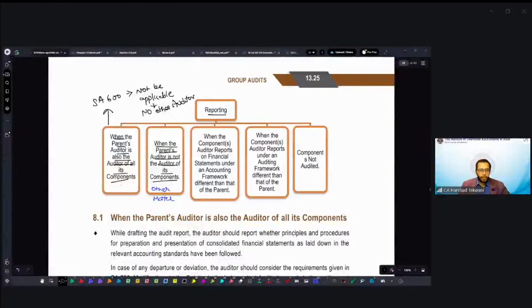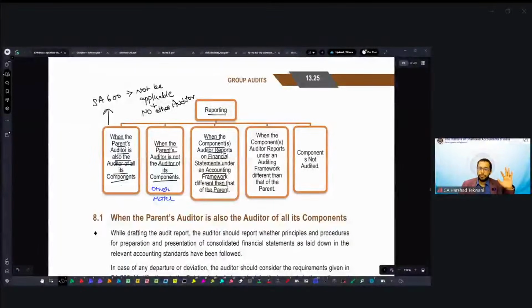Then, when the component's audit report on the financial statement is under an accounting framework different from the parent's, that means when the component is, let's say, outside India, with a different accounting framework, let's say Singapore, where Singapore FRS is being followed by them, different from the parent.